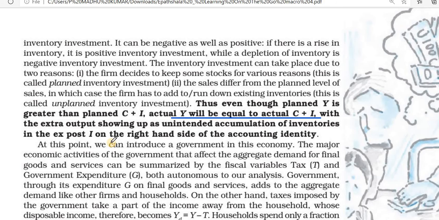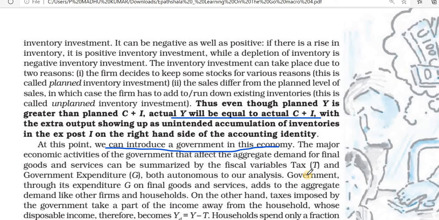Now one more sector will be there; in that situation we can introduce a government in this economy. The major economic activities of the government that affect the aggregate demand for final goods and services are the fiscal variables.